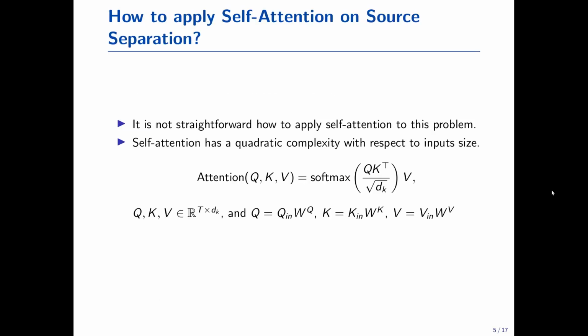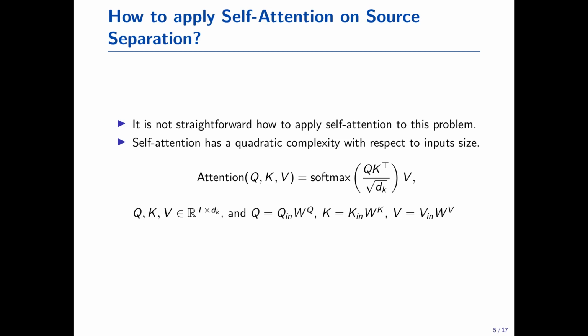So now the question is, how can we apply self-attention to source separation? To the best of our knowledge, a fully self-attention based model did not exist in the literature until our paper. It is not straightforward to apply self-attention directly on, let's say, spectra, because self-attention has a quadratic complexity with respect to the length of the input sequences.